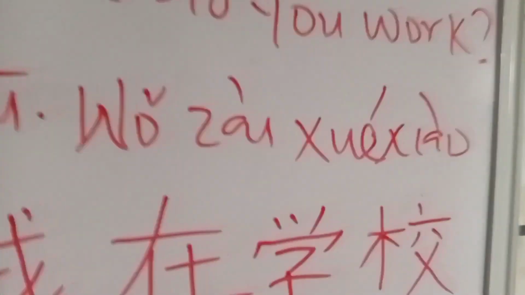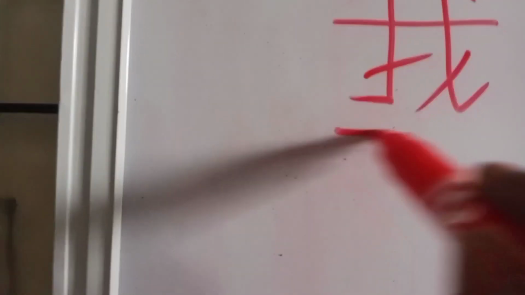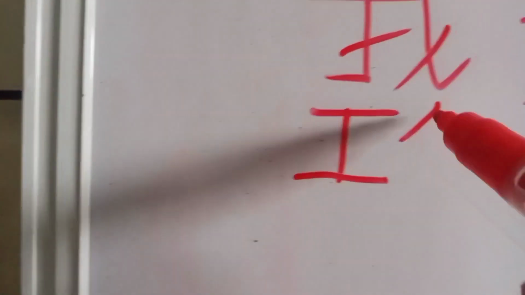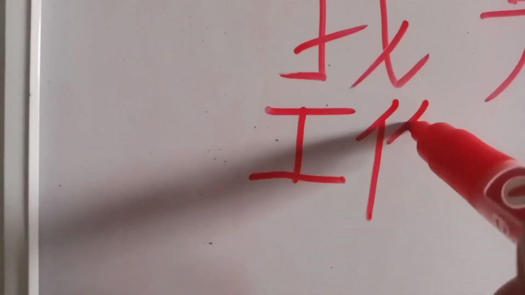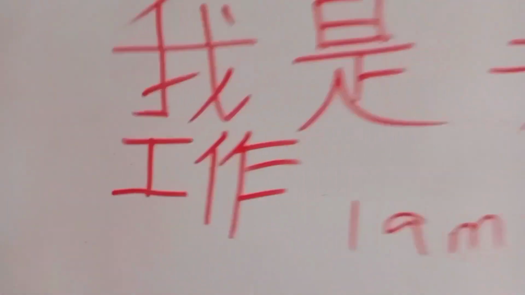我在学校工作. 工作. We already know how to write 工作. Very simple character. 我在学校工作. And it means I am a teacher.